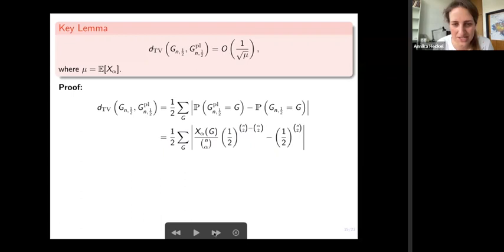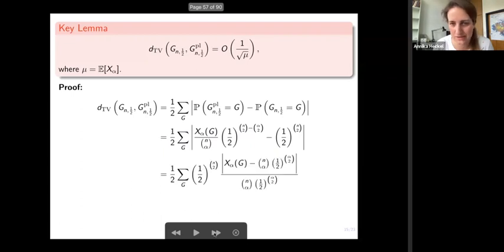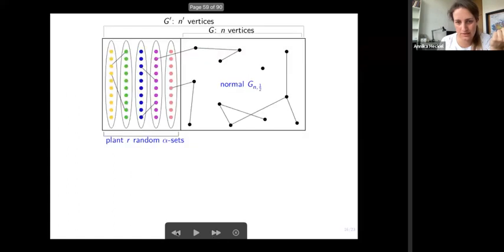Okay, and now we just need to rearrange terms nicely. So we pull out 1/2 to the n choose 2, and then what we're left with is, in the denominator, the expected number of alpha sets. And here we have the number of alpha sets in G minus, again, the expected number of alpha sets. And now the nice thing is you have a sum over all possible graphs on n vertices, and here you have the weight that these graphs have under G(n, 1/2).